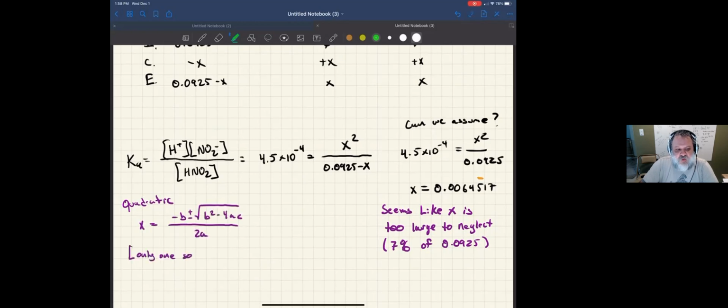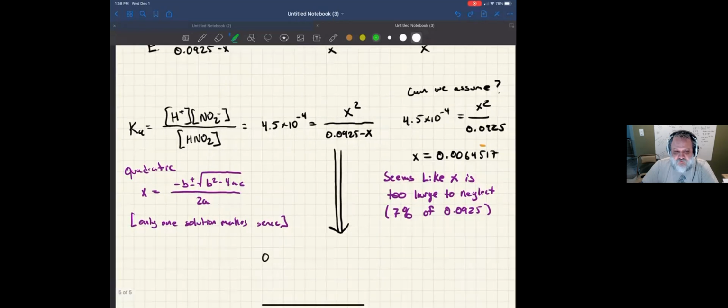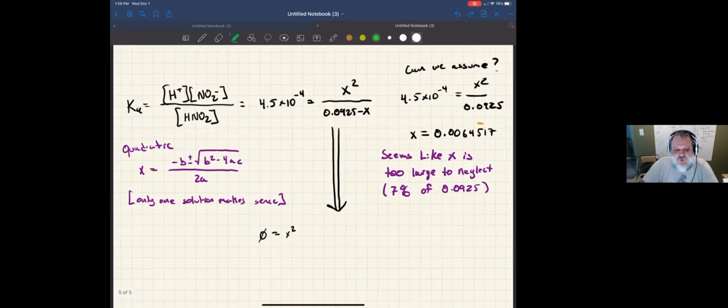Now, when you do this, you're going to get 2 solutions, but only one of those solutions will make sense, right? You can't have a negative concentration. When I rearrange this into the form of a quadratic equation, I get this expression.